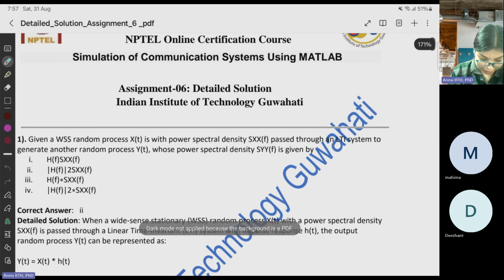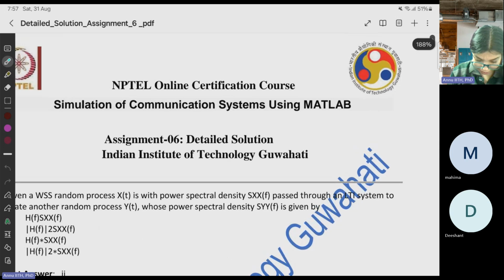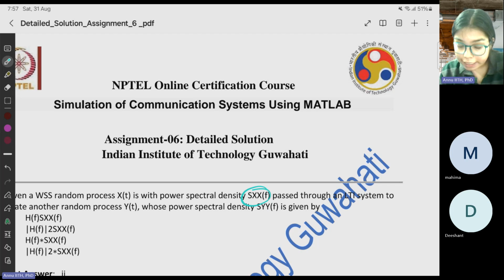Given a random process x(t) with a power spectral density S_x(f). What is power spectral density? It is the Fourier transform of the autocorrelation function, and the autocorrelation function is nothing but the expected value of x(t) times x(t minus tau). If you do the Fourier transform, you will get the power spectral density. And if you find the area under the power spectral density, that will be the power.